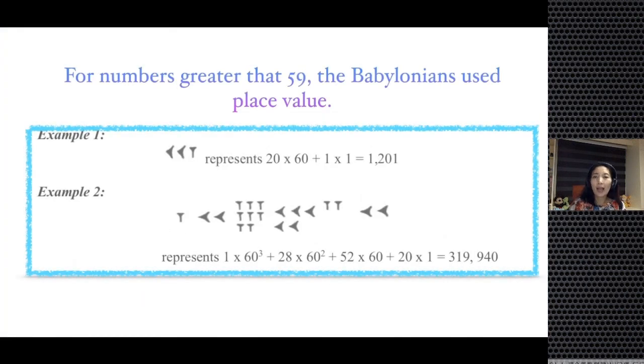So, how do we then represent a number? That's the next question. How would I represent a number greater than 59? Now, let's look at example number 1. Looking at example number 1, I'm looking at this, 21.